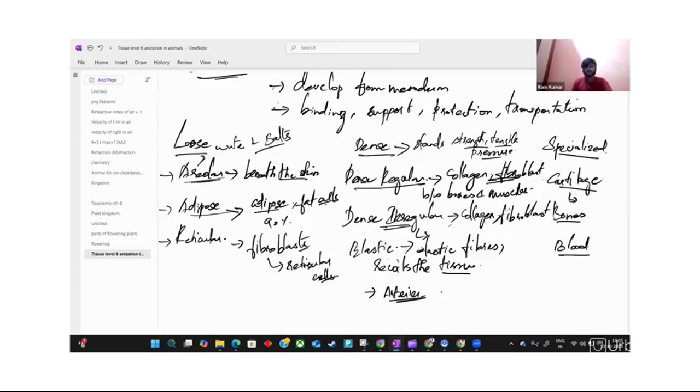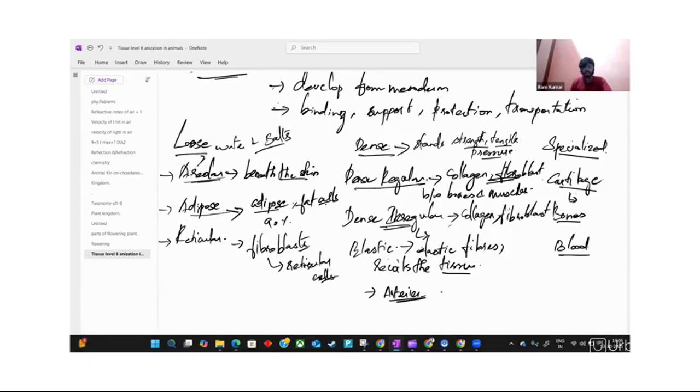We can bend it like anything, but it doesn't break easily. It is not rigid like bone, and it resists compression. That's why we call it cartilage.